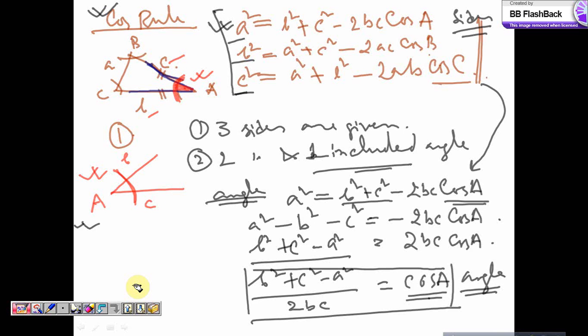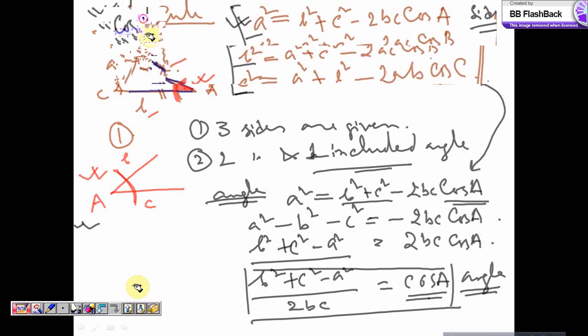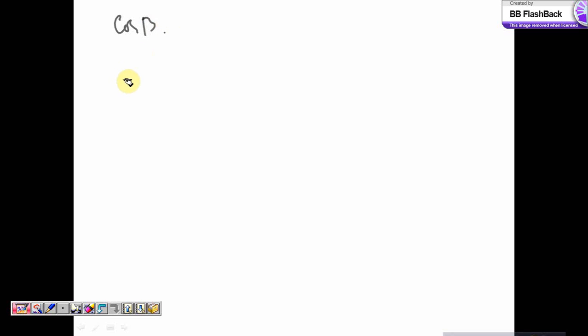Likewise, you can also do the same for cos B and cos C. The way I did it is very similar.